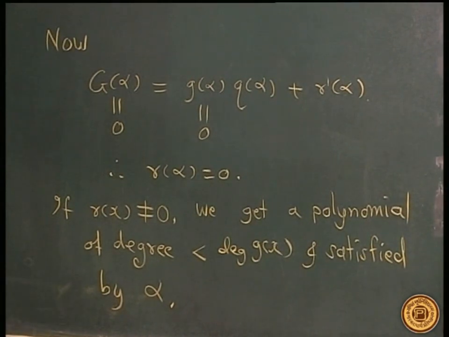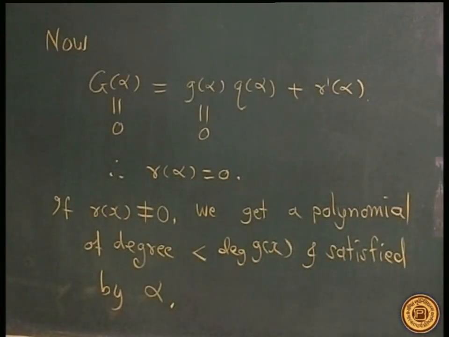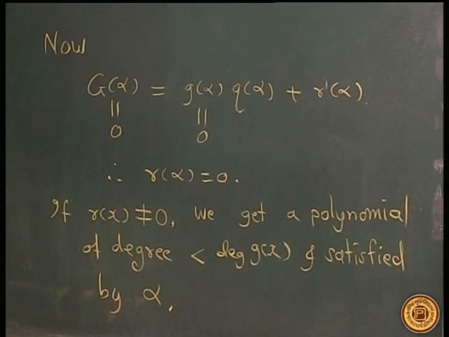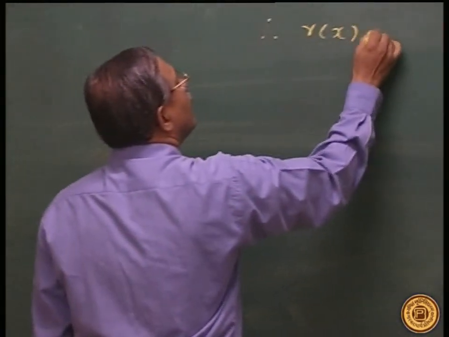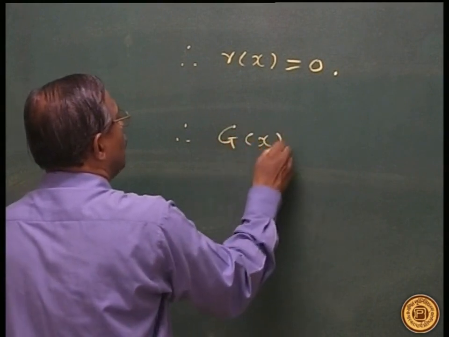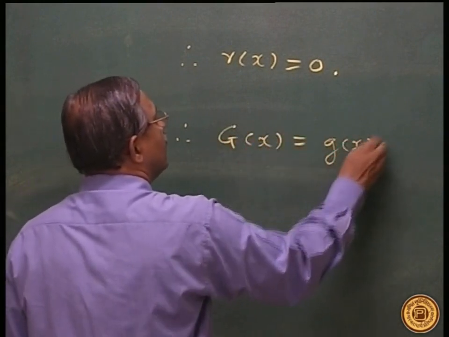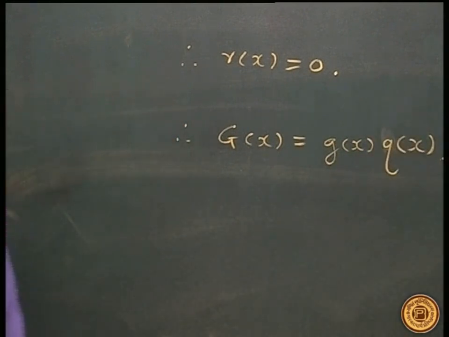Now this is a contradiction because g was of smallest degree and satisfied by alpha. Therefore, r(x) is 0. It is the 0 polynomial. Therefore, G(x) equal to small g(x) times q(x).